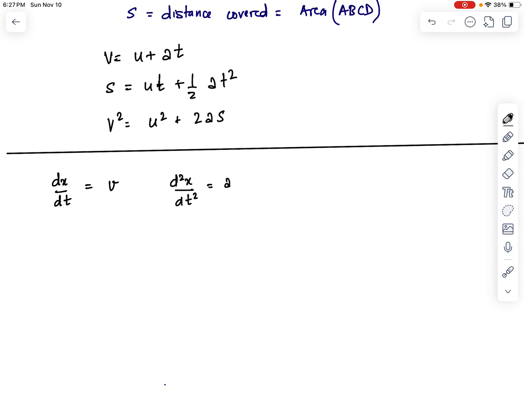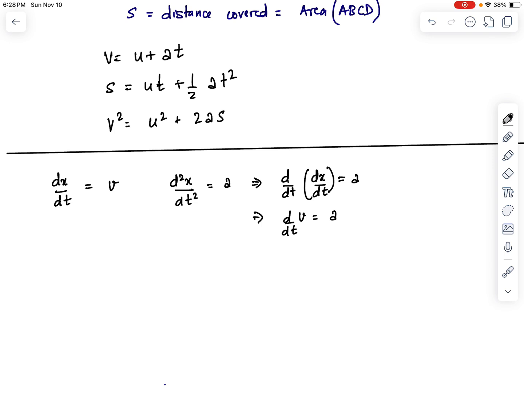So d²x/dt² can be written as d/dt of dx/dt equals a, or we can write this as d/dt of v equals a. So the change of velocity with respect to time is the acceleration.